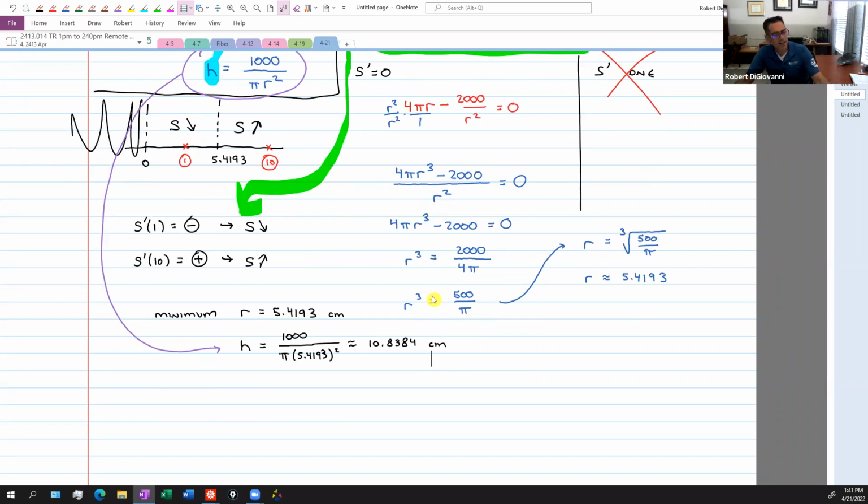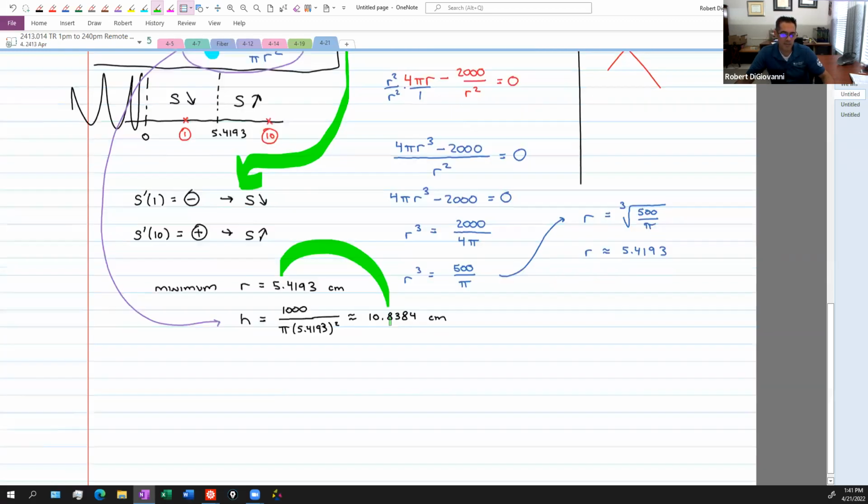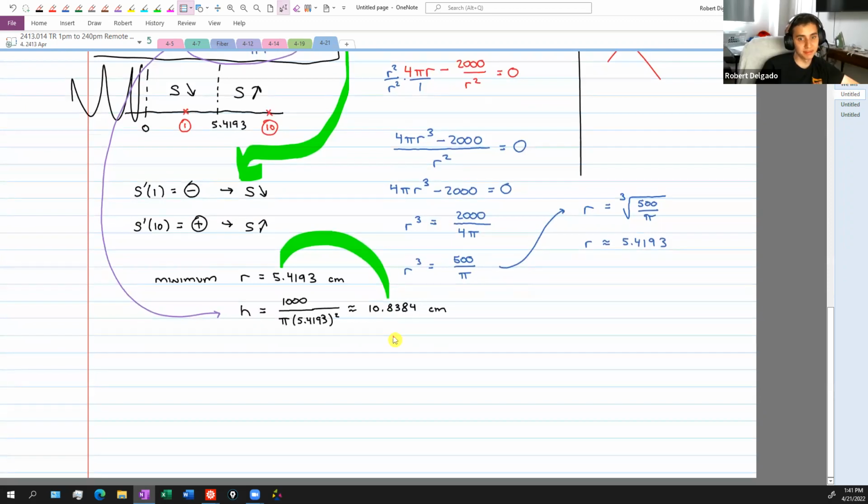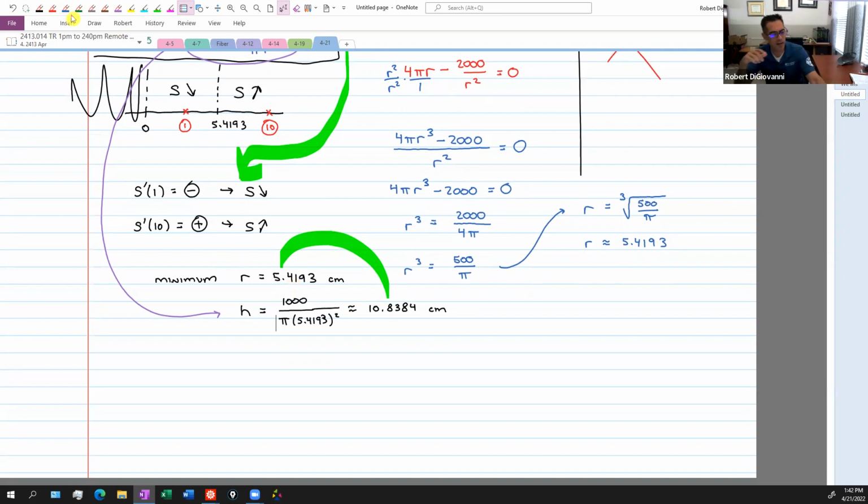Does anybody see that there's actually a connection between these two numbers? It's double the amount. It's saying that the height should be double the radius. But wait a minute, isn't radius half the diameter? So think about the can.